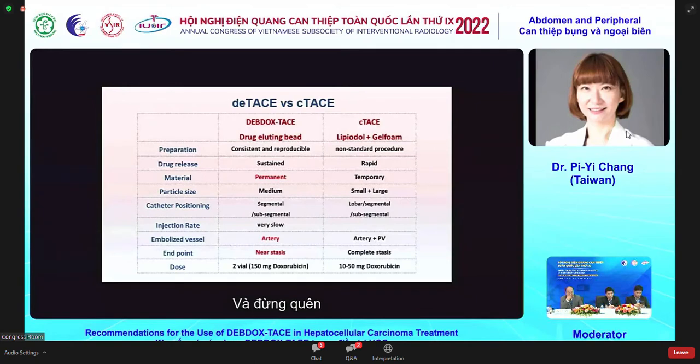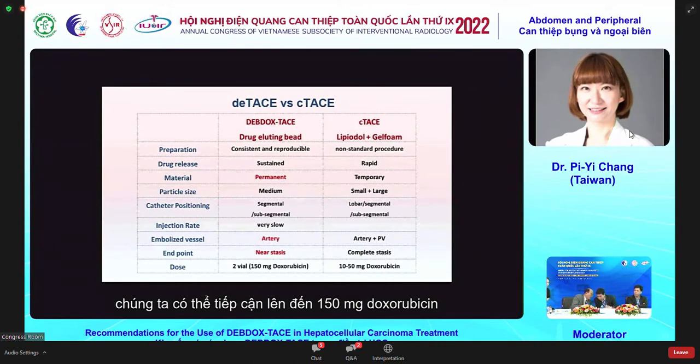And don't forget to put the catheter subsegmental or subsegmental superselection. And the injection rate should be very small. The endpoint should be near stasis. At the end, we all know that the dose of the DEBDOX-TACE is we can reach up to 150 milligrams of doxorubicin.